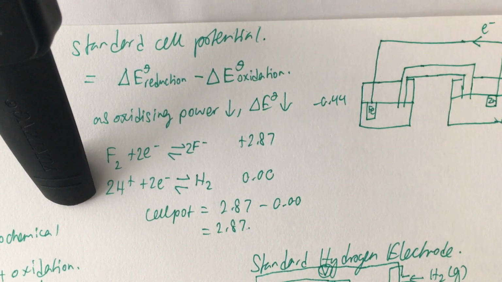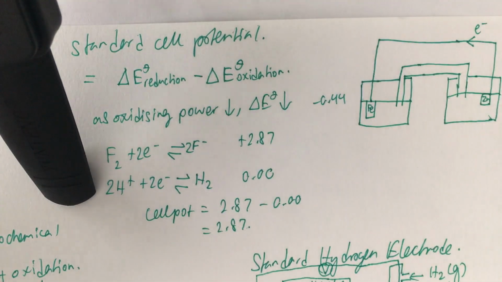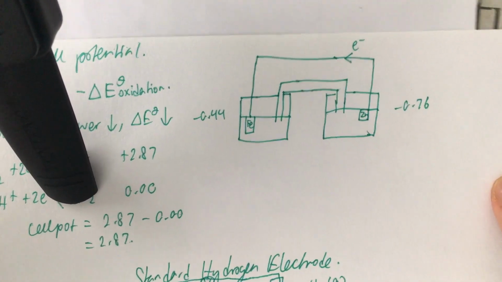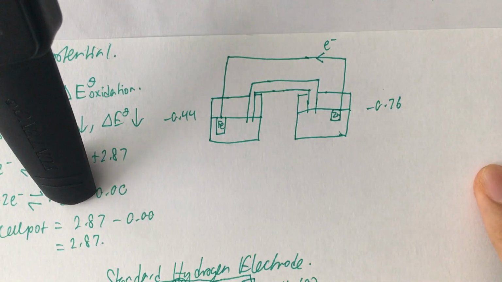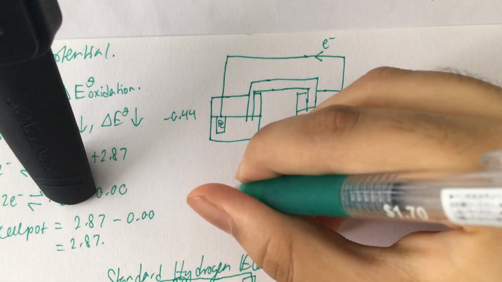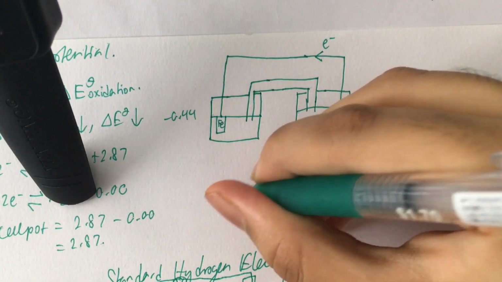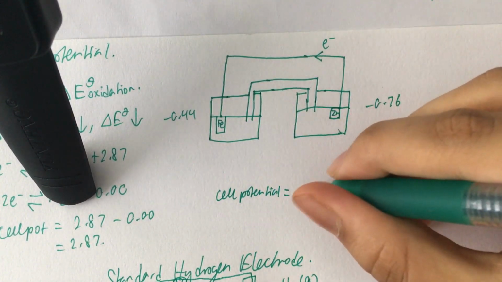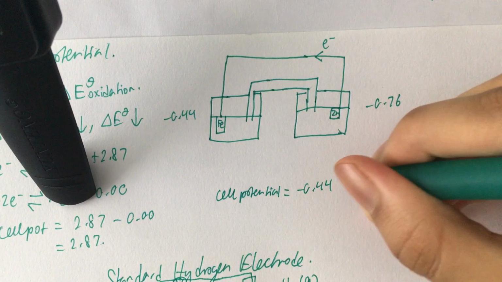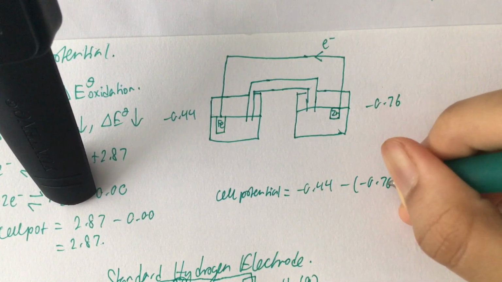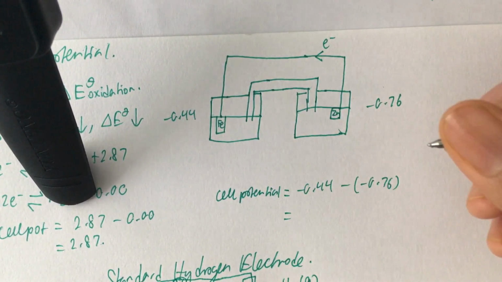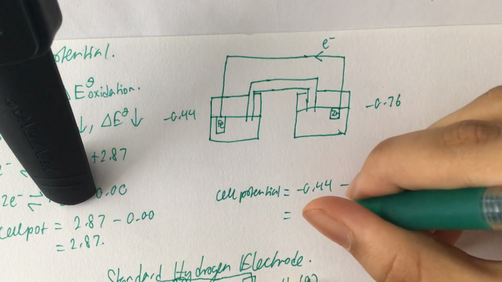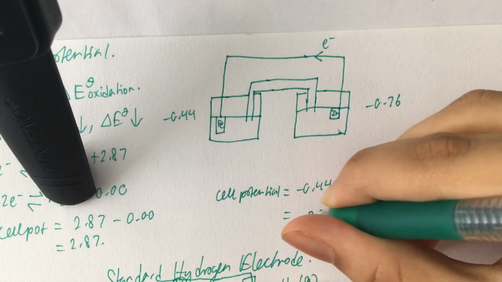You would have negative 0.44 minus negative 0.76. So if you have negative 0.44 minus negative 0.76, you would then get a positive number.